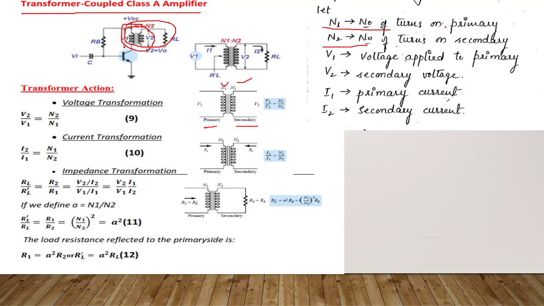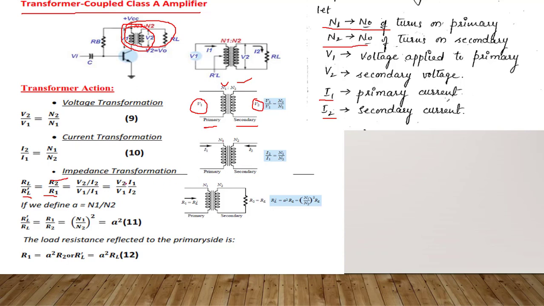Whichever input we call V1 and whichever output we call V2. Same way, the input current is I1 and the output current is I2. Same way, the input resistance I am calling R1 or RL bar, any name. Better to call R1, and output is R2.